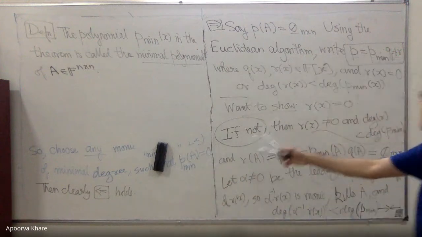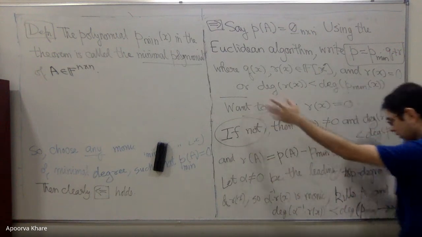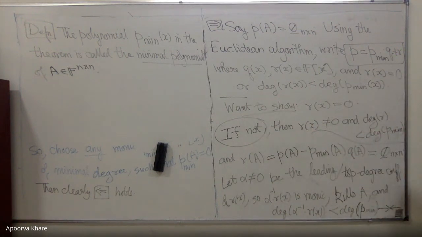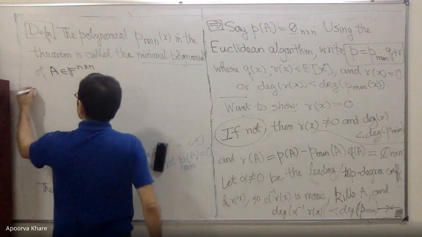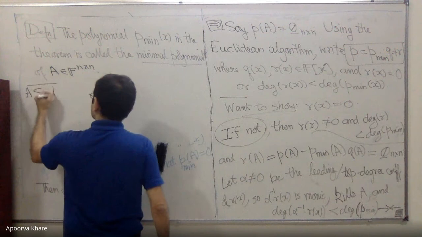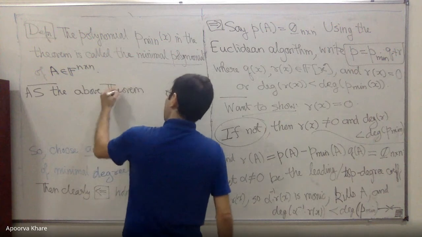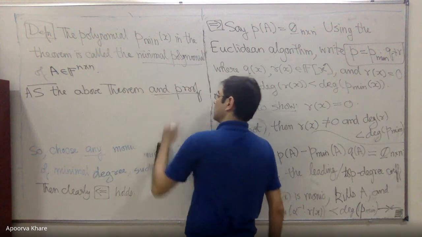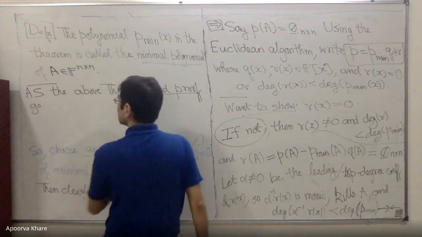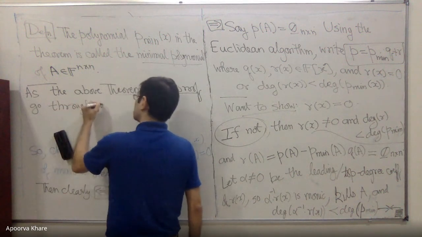Okay, but now the same exact proof. There was nowhere that I actually used the fact that A was a matrix. I could have repeated the same proof for any linear transformation from a finite dimensional vector space to itself, because for linear transformations we also know the Cayley-Hamilton theorem. So the above theorem and proof go through verbatim.